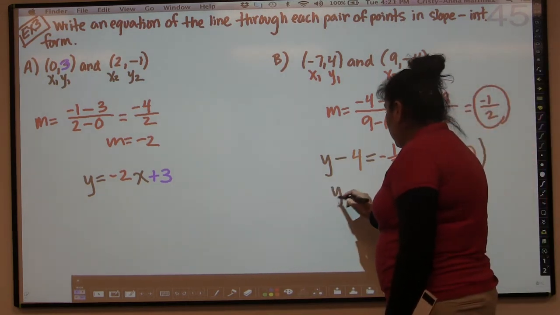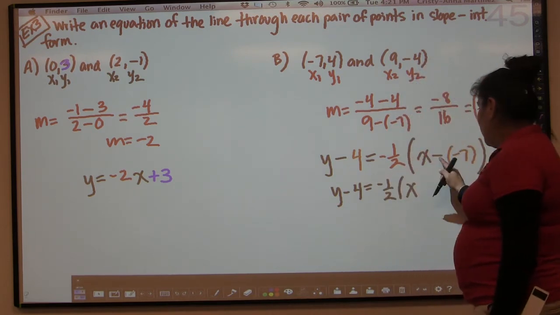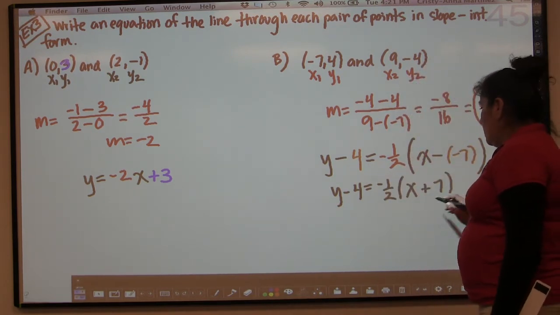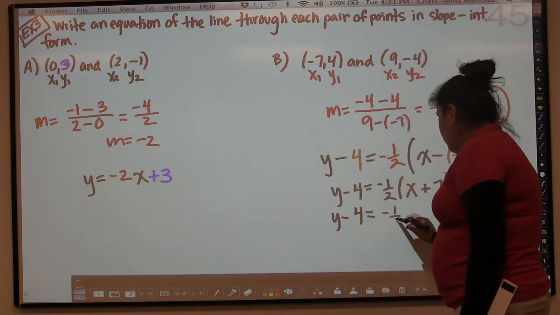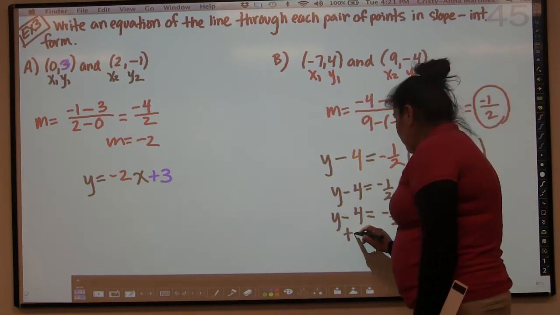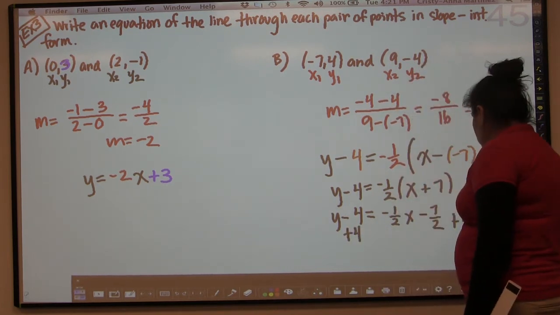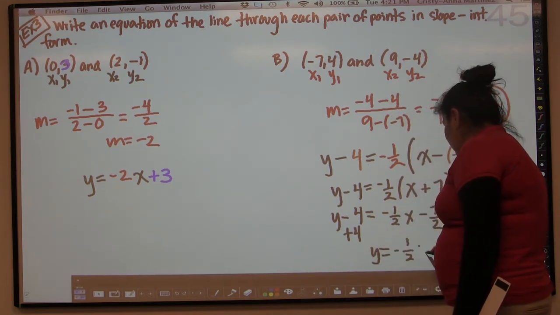So I'm going to get y minus 4 equals negative 1/2 times x. With a negative, negative is going to be a plus. And then we have to distribute that negative 1/2. So we're going to get negative 1/2 x minus 7/2. Then we're going to add 4 to both sides. And eventually we'll get y equals negative 1/2 x.